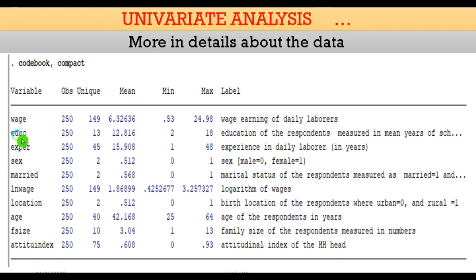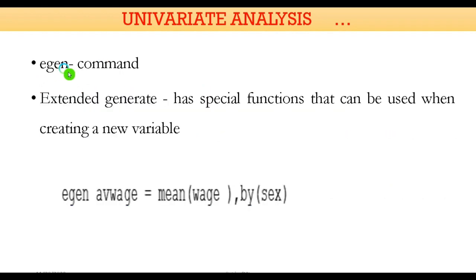What about education? Education of respondents is measured in years of school. What's attitude index? Attitude index means the attitudinal index of the household's head. Such more information is found by using codebook compact.